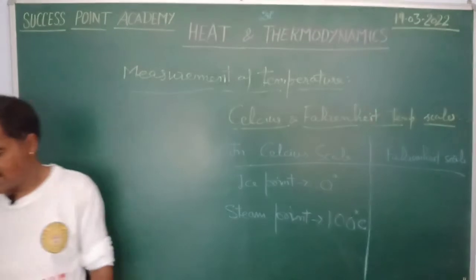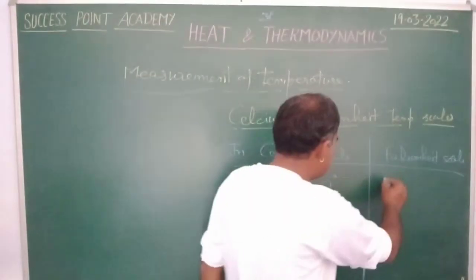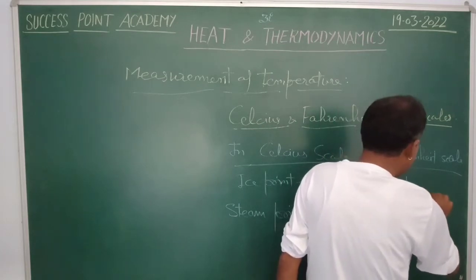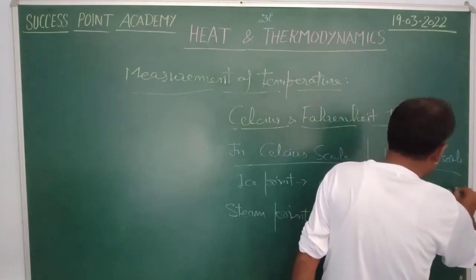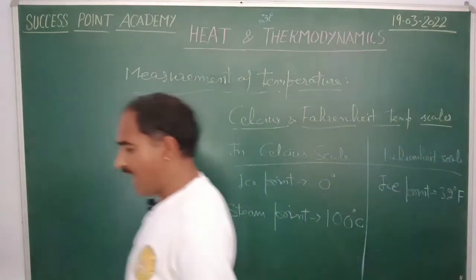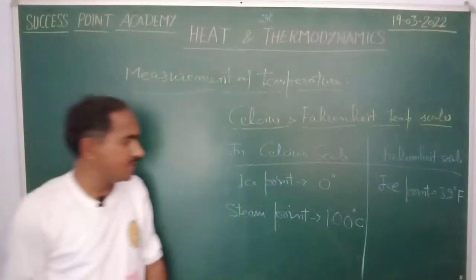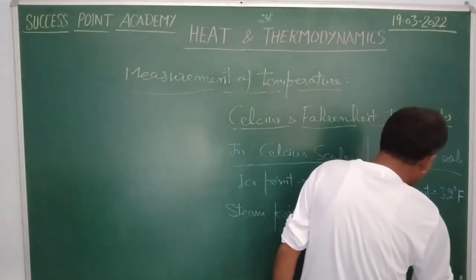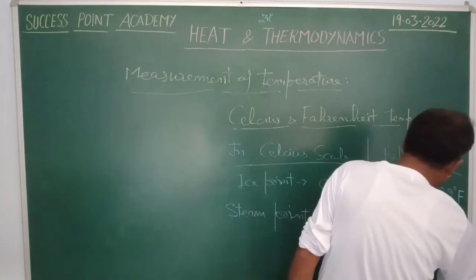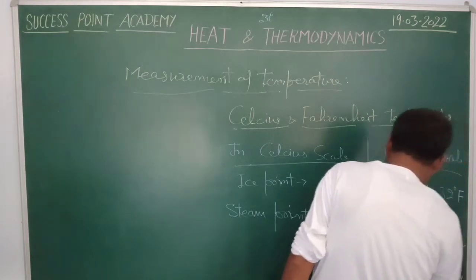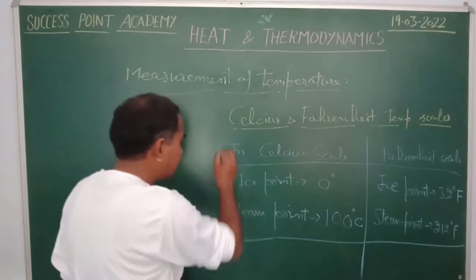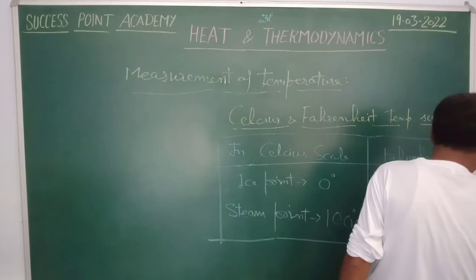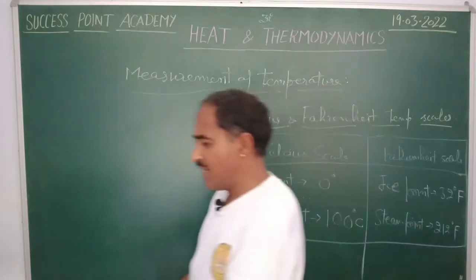In the Fahrenheit scale, the ice point is 32 degrees Fahrenheit, and the steam point is 212 degrees Fahrenheit. These are the basic indicators of the difference in both scales. Values are different.